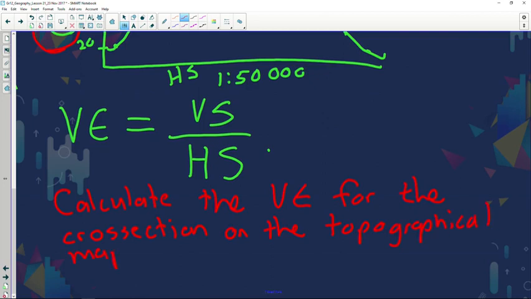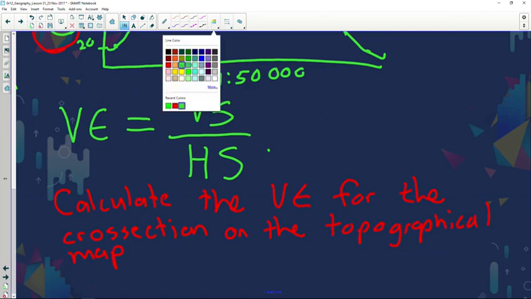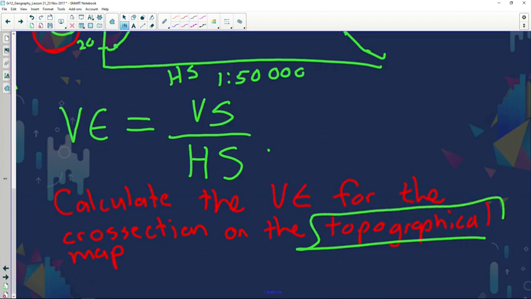Now, grade 12s, there's your first clue. Immediately over here, topographical map. So you already have one piece of your formula.